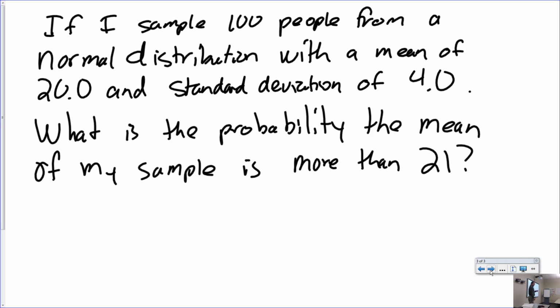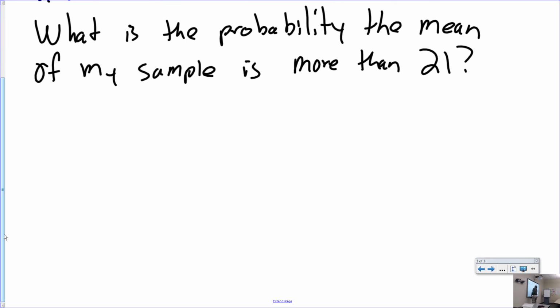But remember, we're sampling 100 people in this population. So I'm trying to find the probability that x is greater than 21. Again, that's the standard process we've been doing all through chapters 6 and 7. Since I want a sample mean more than 21, we want to convert this to z.